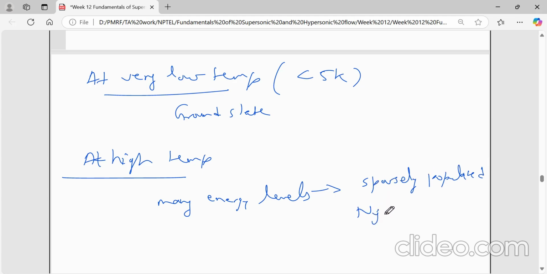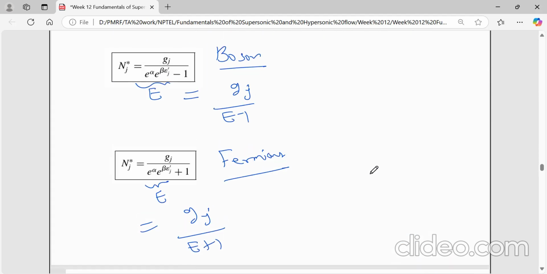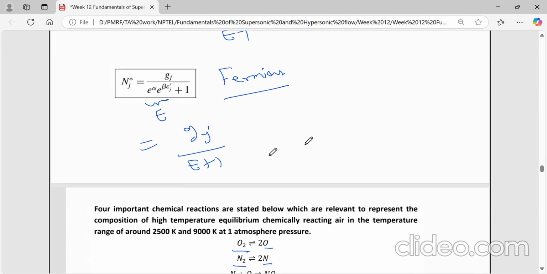Which means Nj will be very much less than Gj. The number of particles in the jth energy level will be very much less than the degeneracy of the jth level. Due to which, what will happen if you see these equations?